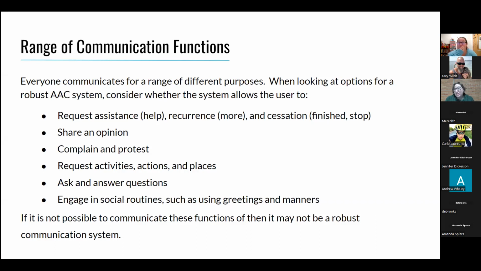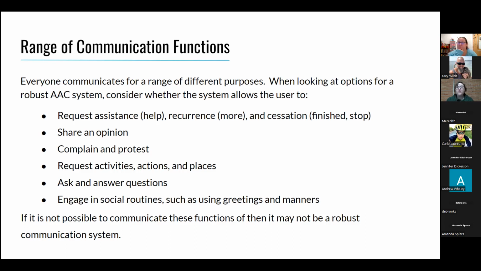They asked questions and got answers about today too. And also said bye and hi and a good I love you. We want your user to use that as well. We want them to have every single function that a typical communicator would have too. And so it is so important that an AAC system has the capabilities to do that.